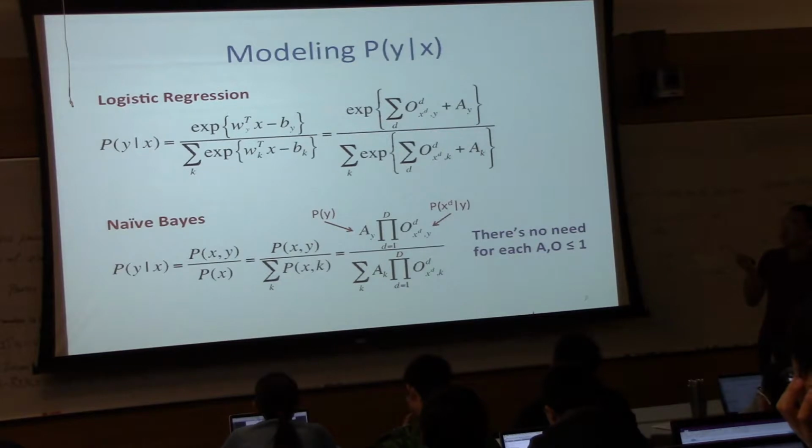And because we're only trying to model the conditional distribution in logistic regression, we don't care. We just want to fit the parameters to maximize the fit of this on training data as well as possible. In naive Bayes, that's not what we care about. We care about fitting this as well as possible. And because of that, we have a restriction here.